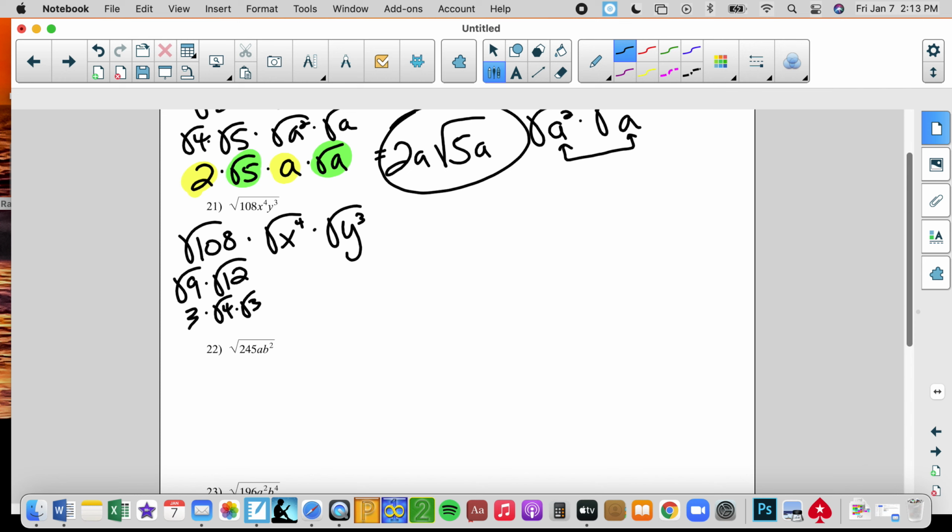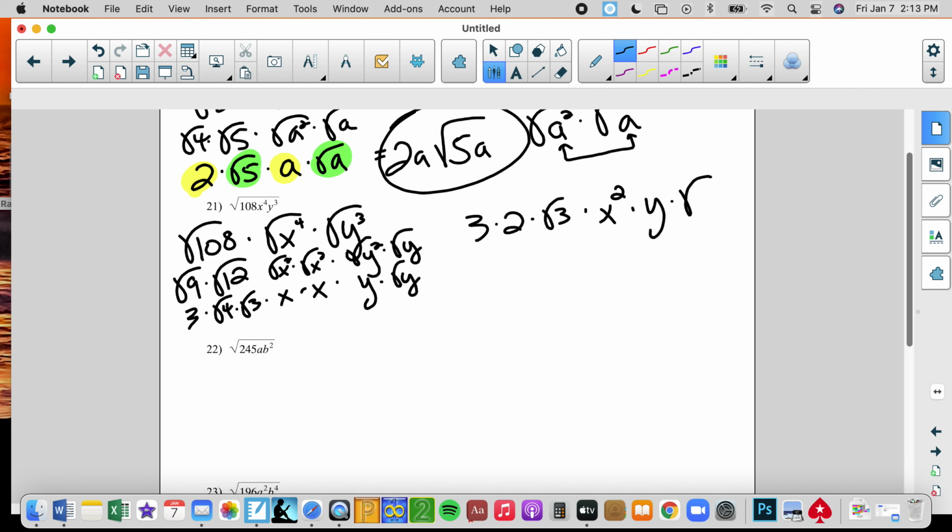So that is 3 times 2 times rad 3. X to the 4th is going to be rad x squared, rad x squared. So that gives me an x and an x. So that produces x squared. Y to the 3rd, well, I have 1 y squared, and then I have a rad y. So that's y rad y.